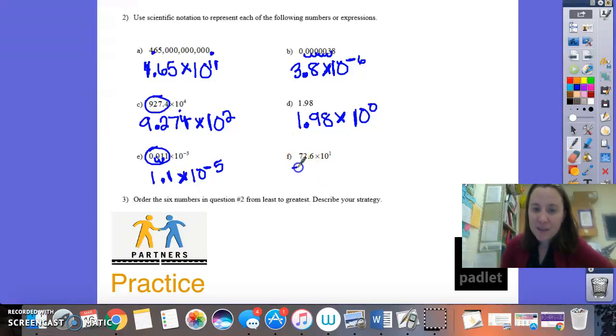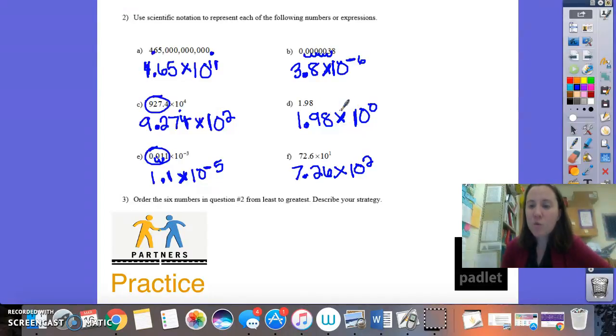And finally, this needs to be 7.26. It was 10 to the negative 1st power already, and I just moved it over another one. So this initial number in standard form would be 7.26 times 10 squared.